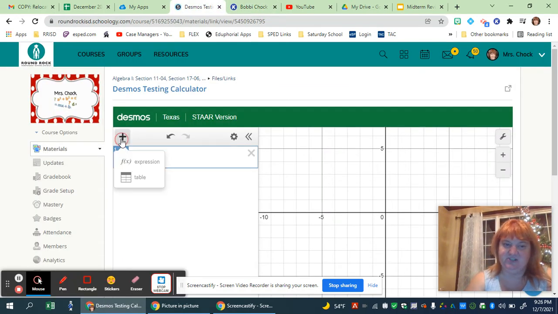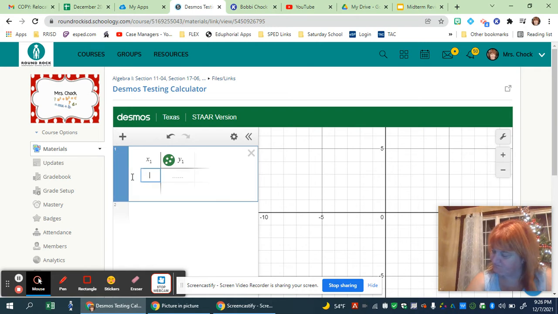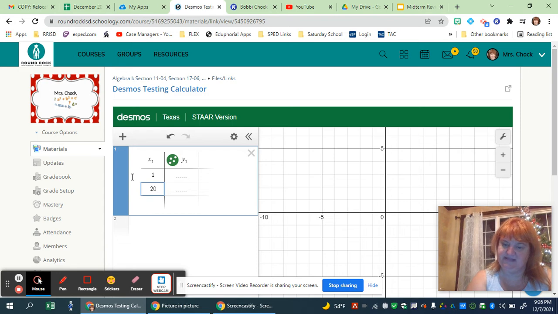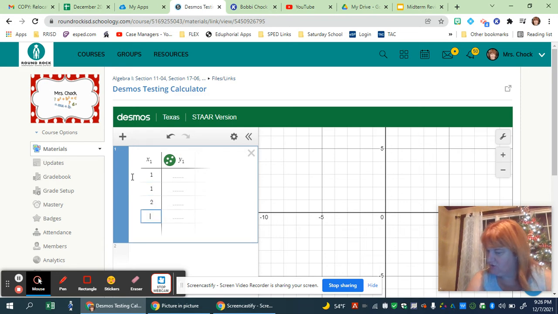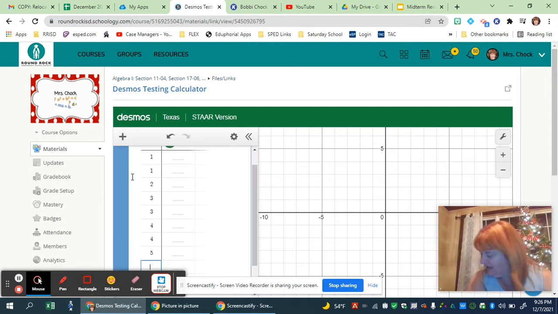So I'm going to do a table in Desmos. And I'm going to go 1, 2, 0. Oh, we're going all the way down first. 1, 1, 2, 3, 3, 4, 4, 5, 6, 6.